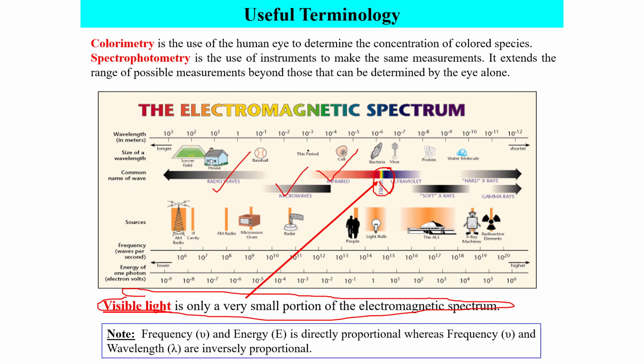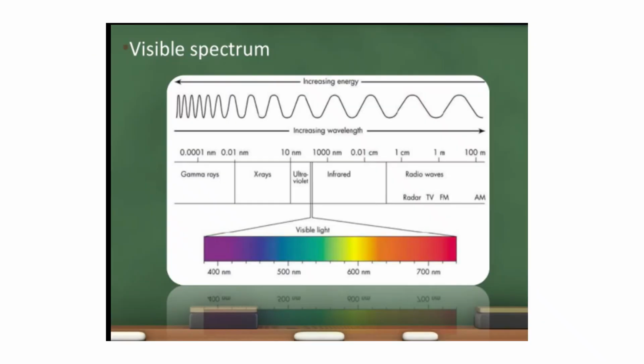Colorimetry is a use of the human eye to determine the concentration of colored species, and spectrophotometry is for colorless solutions. So here is the visible spectrum from violet, indigo, blue, green, yellow, orange and red. That is the visible range, 400 to 700 nanometer, in which the colorimeter works.